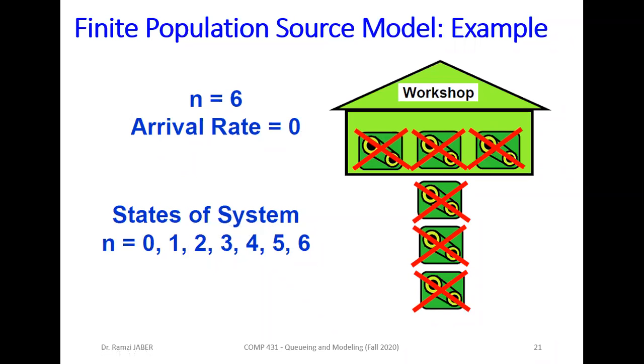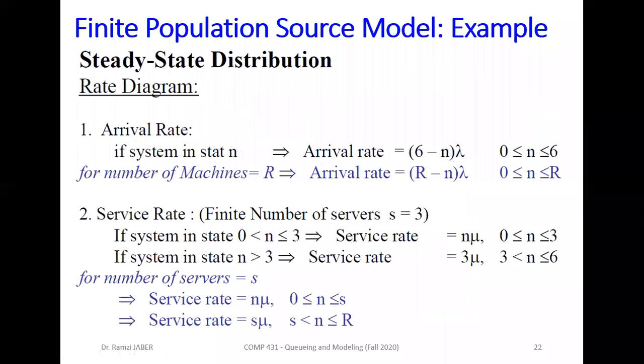So that's why the rate diagram is: arrival rate if state n means (6 minus n) lambda for 0 to n less than 6. For r number of machines it will be (r minus n) lambda, n between 0 and r.